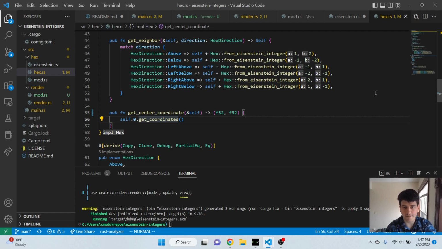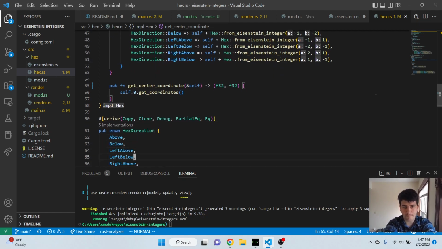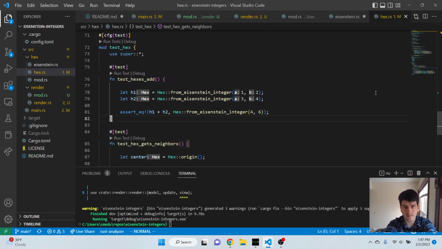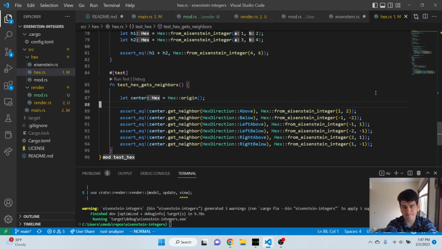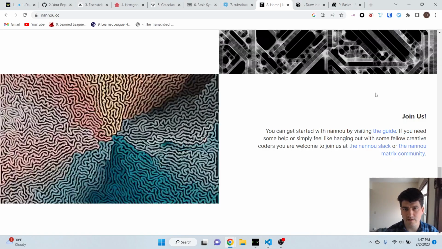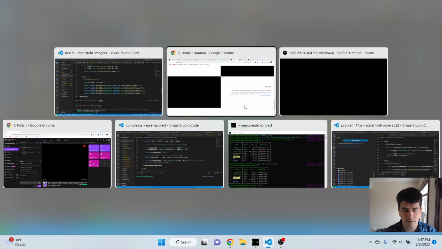And then we're also going to need each of the edges. Which, I just had an interesting thought, which is that the centers, is this true?